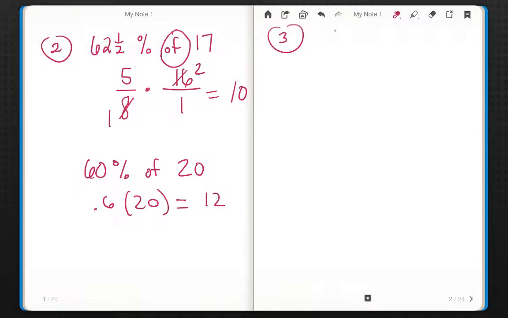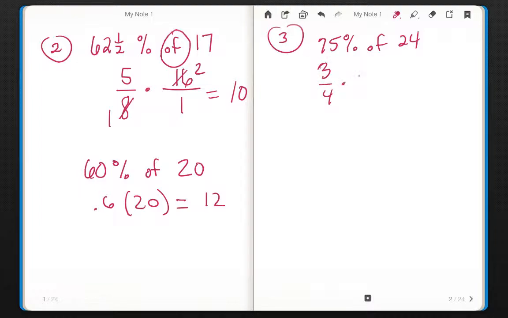What about this one? 75% of 24. And this one we might not even need to estimate. So what's 75%? What fraction? 3/4.